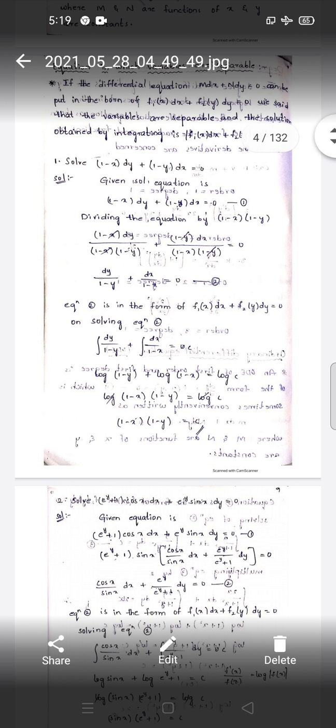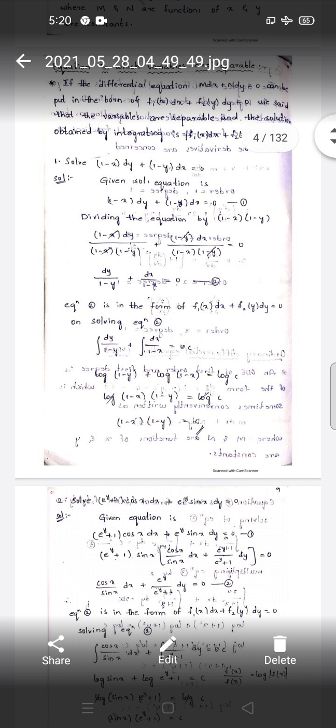Next, dividing the equation, cancelling terms, and separating variables. Next, integrating both sides, the left side is totally log terms and the right side is also a log. So log of (1 minus x)(1 minus y) is equal to log c.